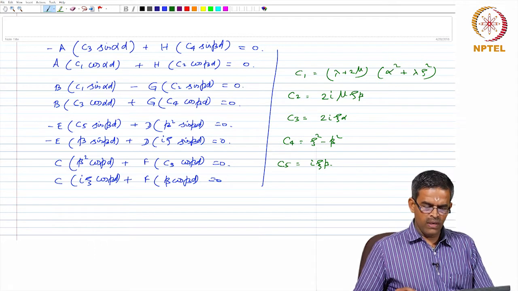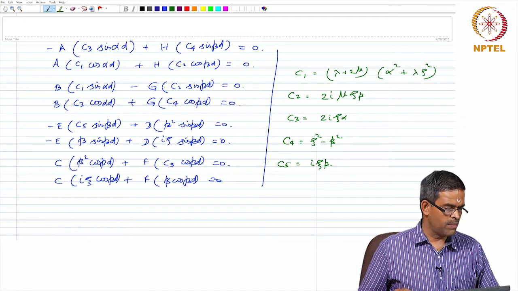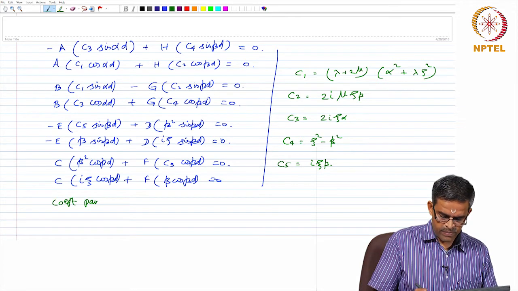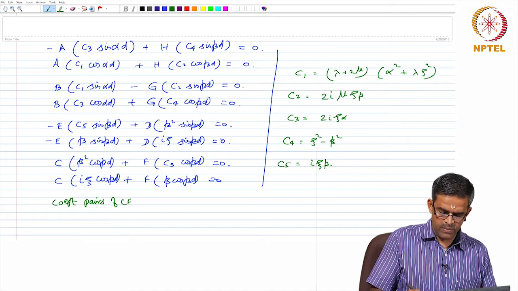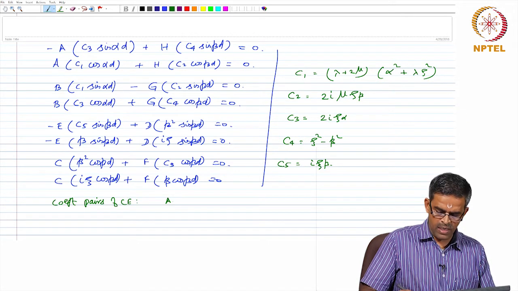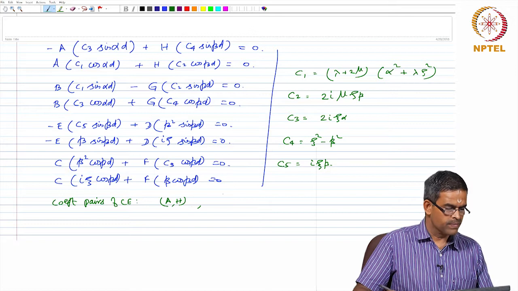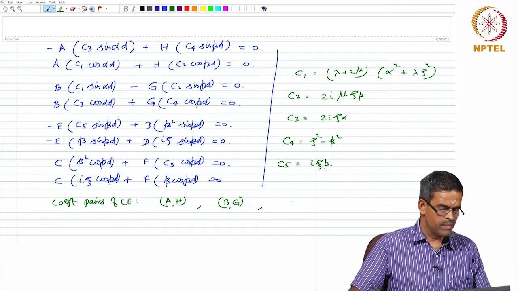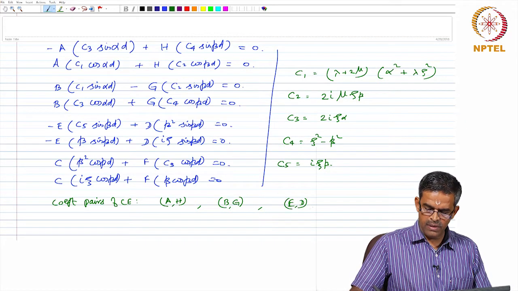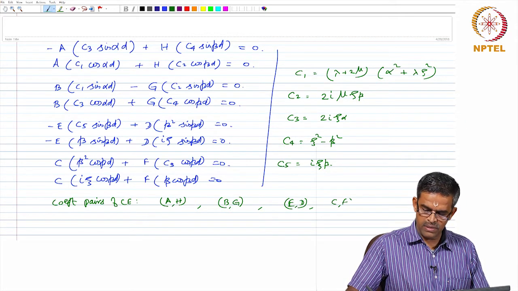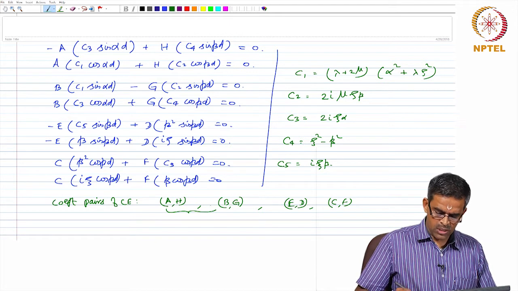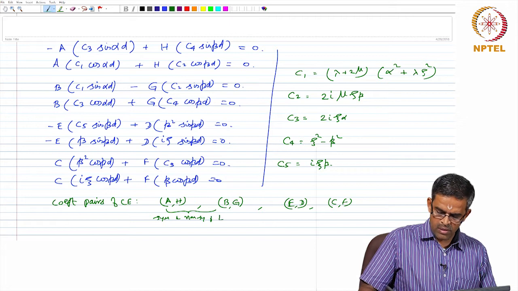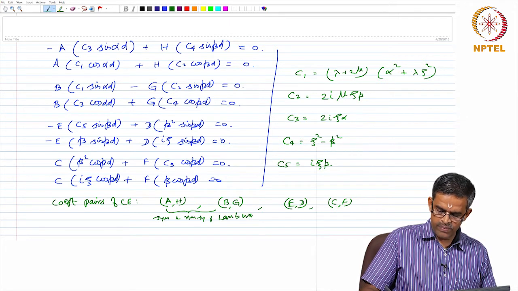You can wonderfully see here there are pairs which have been formed, which are called coefficient pairs of this characteristic equation. These pairs are namely AH, BG, ED and CF. These two correspond to symmetric and non-symmetric Lamb waves.